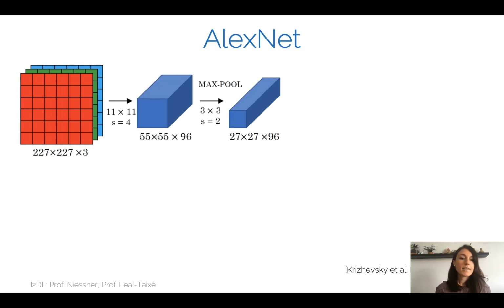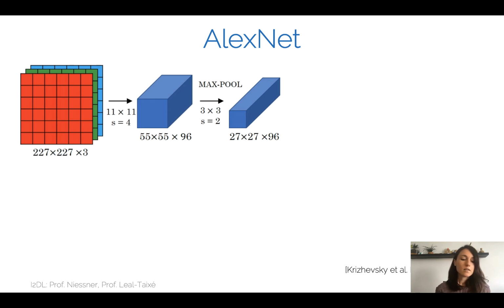And what AlexNet did, mostly due to GPUs at the time not being as large as they are now, is that it started with a pretty aggressive operation of spatial reduction. So you can see that we start from a 227 by 227 map, and we reduce it in the first step, in just one convolutional layer, to 55 by 55.